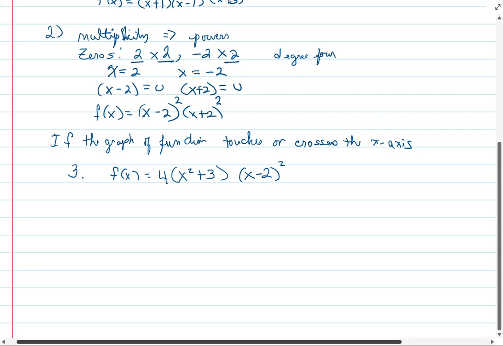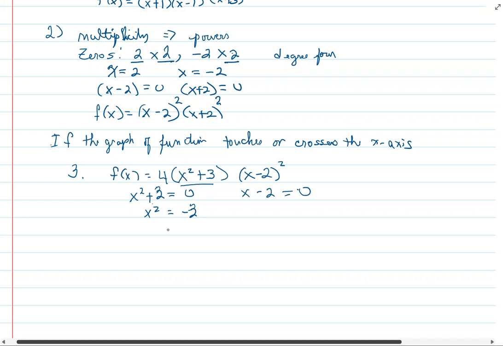We're going to set the factors equal to 0 and solve. Well, we can't take a square root of a negative value.